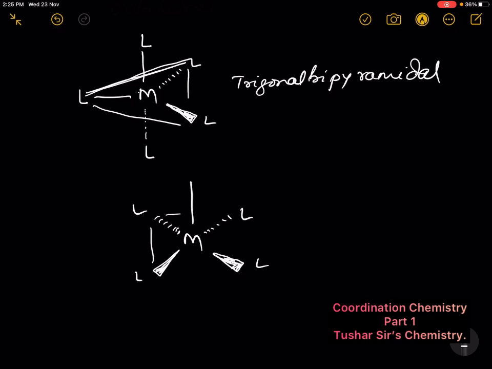So these are polyhedra. Polyhedra means tetrahedral, octahedral, square planar.